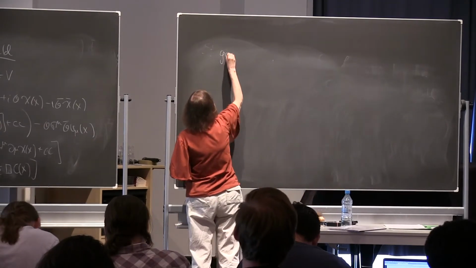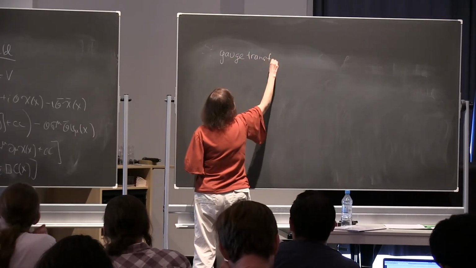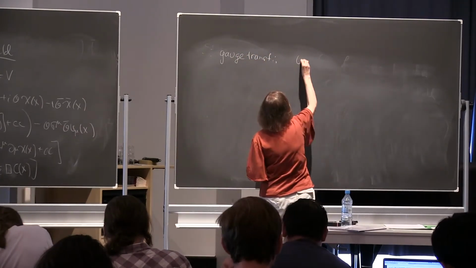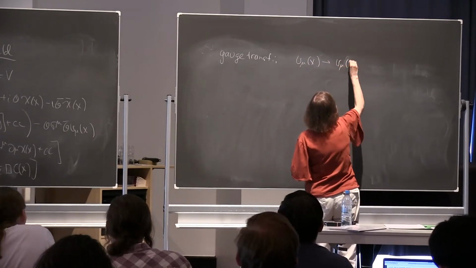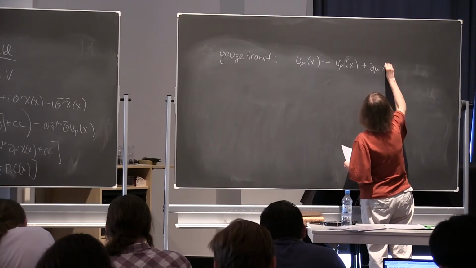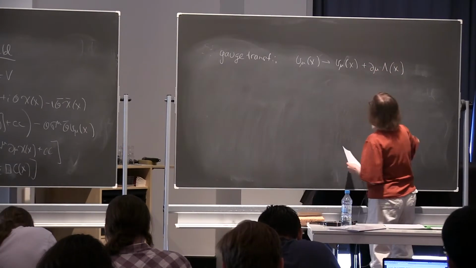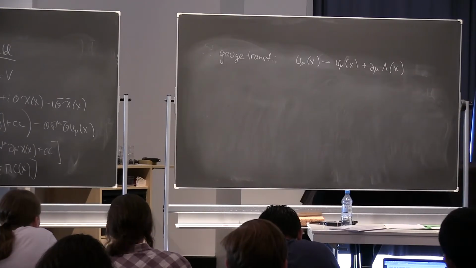So under a gauge transformation, V mu goes into V mu of x plus d mu lambda of x, where lambda is some function. This is just a gauge transformation.